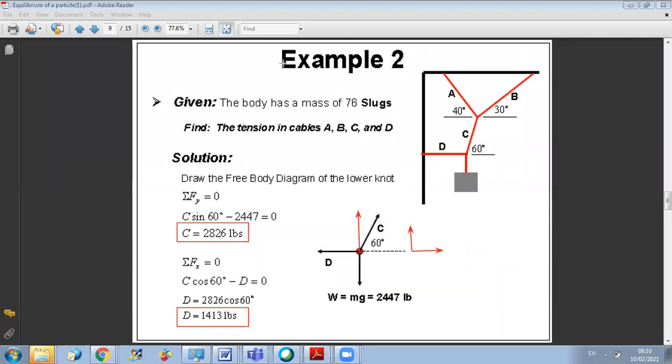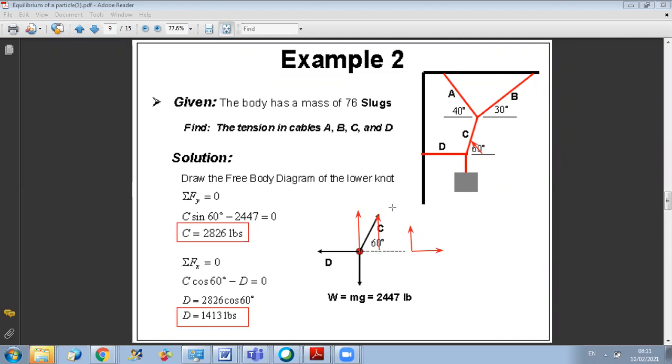And the projection of C is equal to what? Look, the angle here is given. The angle between this cable and the horizontal is equal to 60 degrees. So the projection on Y is simply equal to C sine 60. You can do sine 60 or cosine 30.